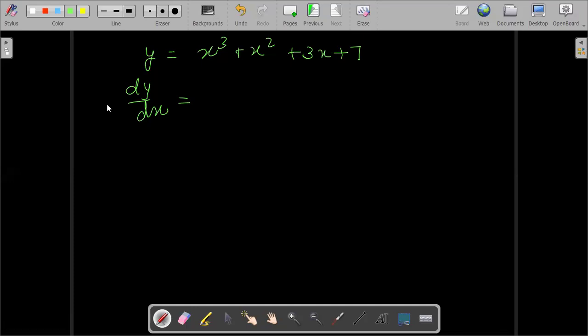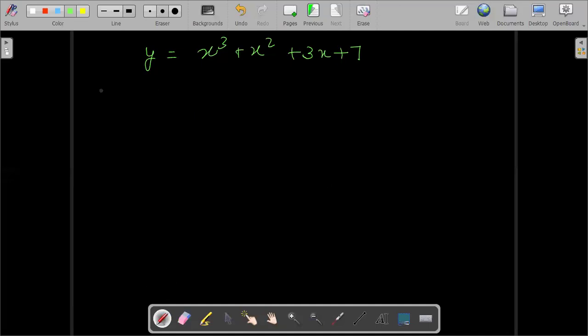Sir, I'm getting wrong, sir. Okay, what's the answer you are getting? Sir, I'm getting 2, sir. Okay. See, how do we find it out? Initially, it's written as y equals to x cube plus x squared plus 3x plus 7.